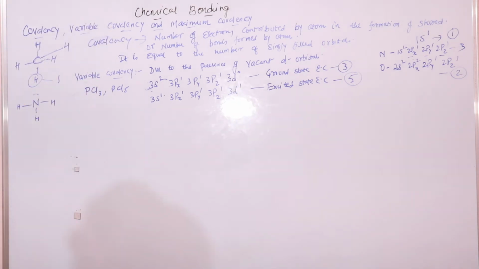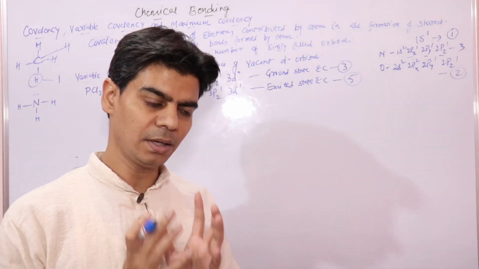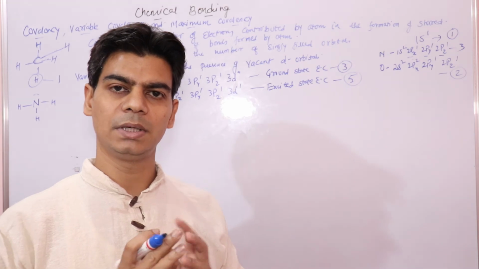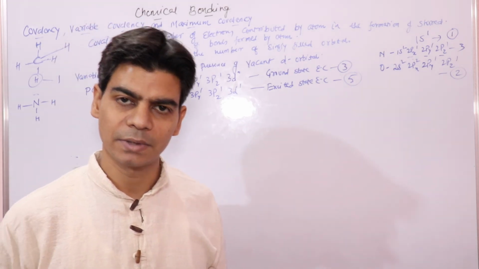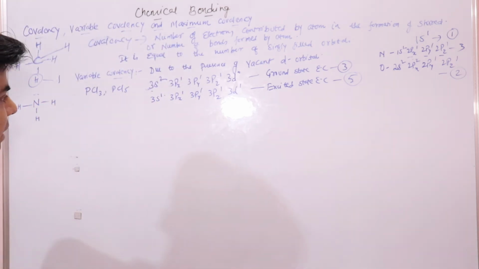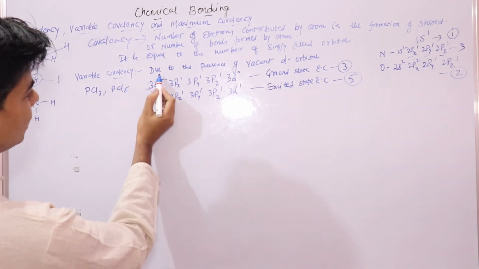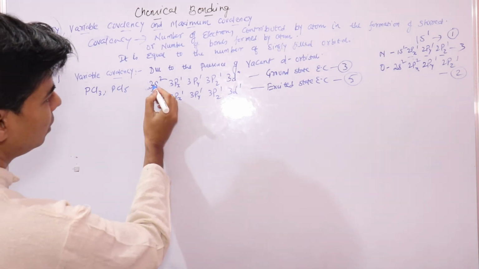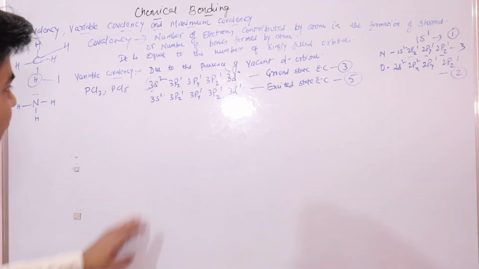So how do we get this energy? When a bond is formed, we know that bond formation is an attractive interaction, right? So when a bond is formed, energy is released, right? So that energy which is released when PCl5 molecule is formed is used to transfer the electron from 3s orbital to vacant 3d orbital, right?